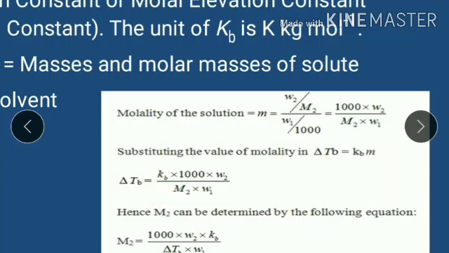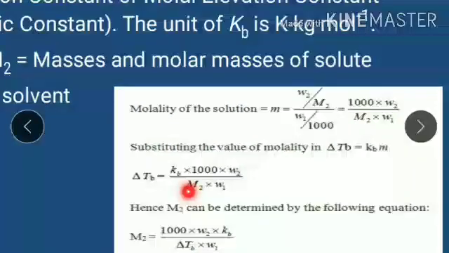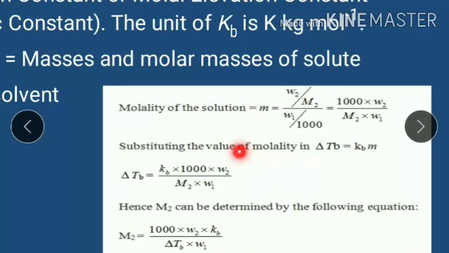Delta Tb is equal to Kb times small m. Small m is molality. What is the formula of molality? Mass upon molecular mass, upon mass of solvent in kg, that is multiplied by 1000. That is the formula of elevation in boiling point.